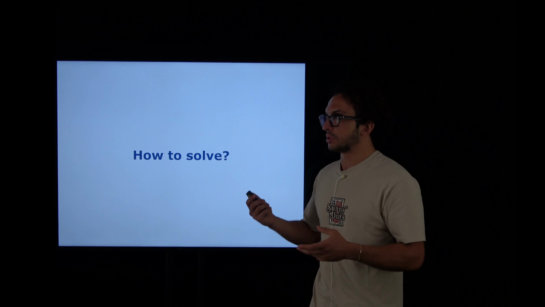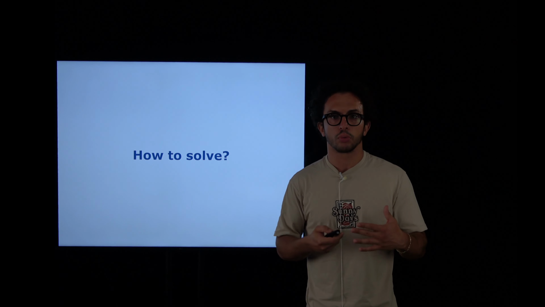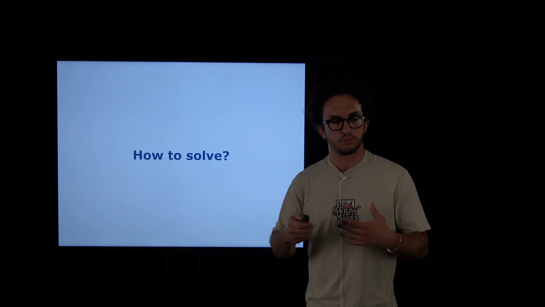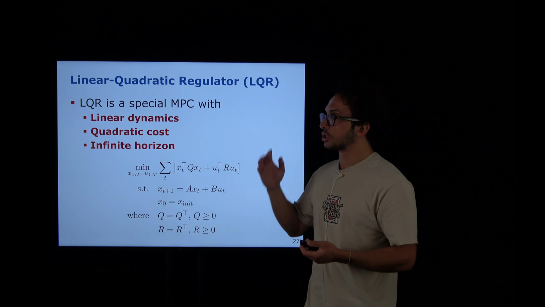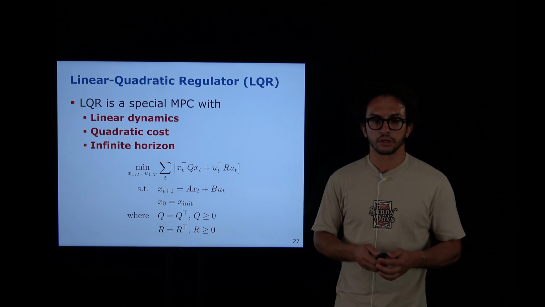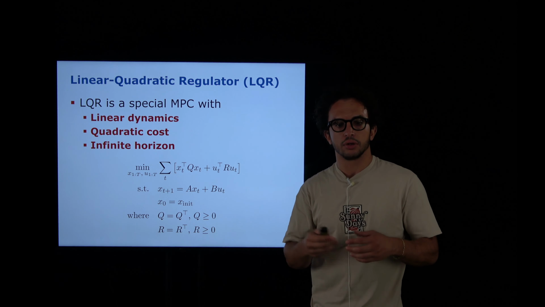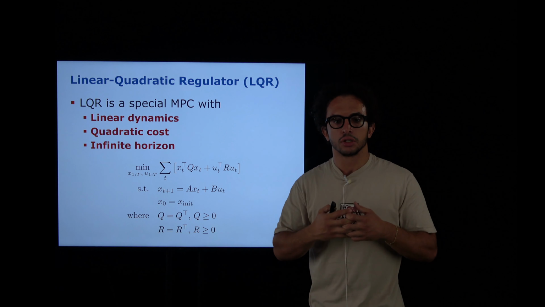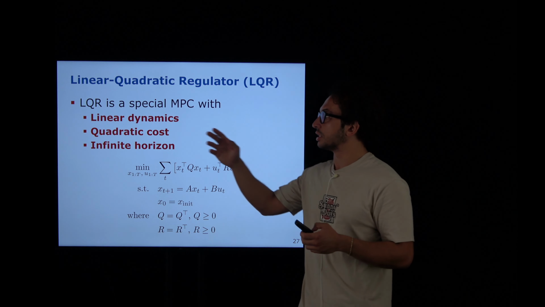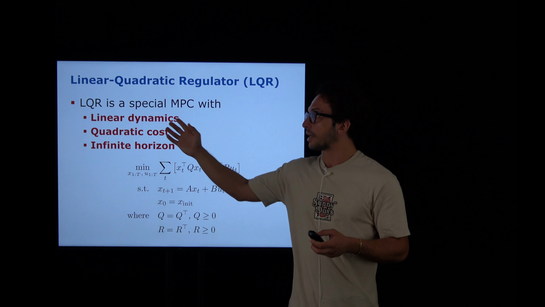Before starting with model predictive control, which is a bit harder, more of an advanced topic, we start with something simpler, which is called the linear-quadratic regulator. So model predictive control and the linear-quadratic regulator are somehow cousins. The linear-quadratic regulator is a special model predictive control with linear dynamics.